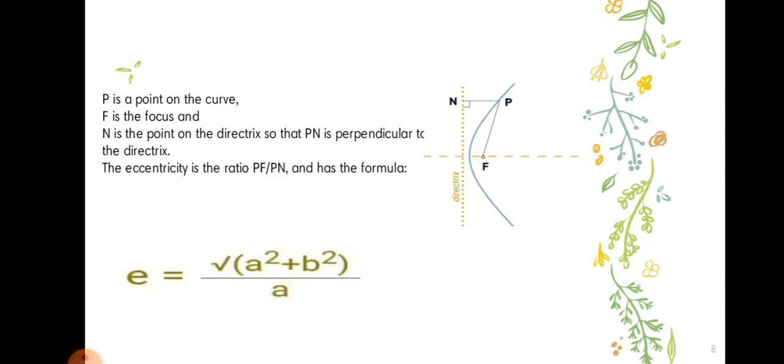P is a point on the curve, F is a focus, and N is a point on the directrix so that PN is perpendicular to the directrix. The eccentricity is the ratio of PF over PN and has a formula of e equals the square root of a squared plus b squared, over a.